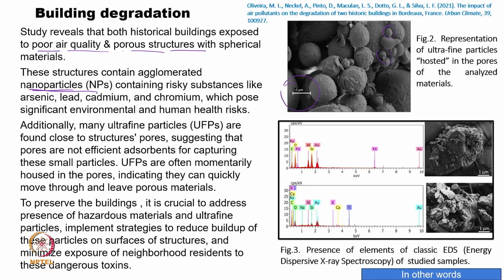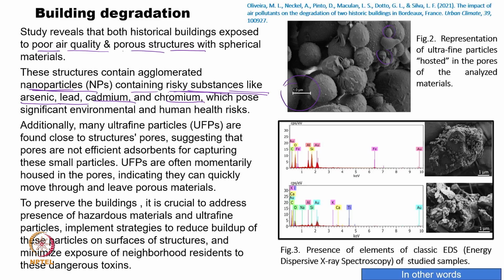if you do not take care properly. So, these are agglomerated nanoparticles, and they may contain, again using their word, risky substances. They found arsenic, lead, cadmium, chromium. These are all toxic materials and should not be available in our environment.